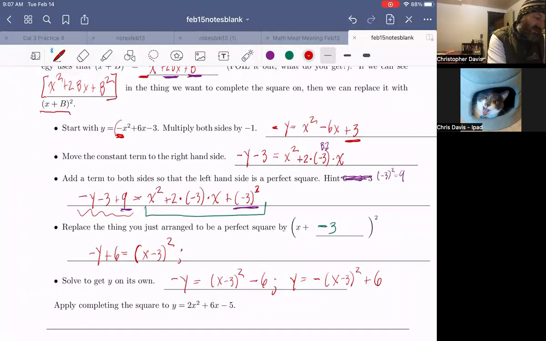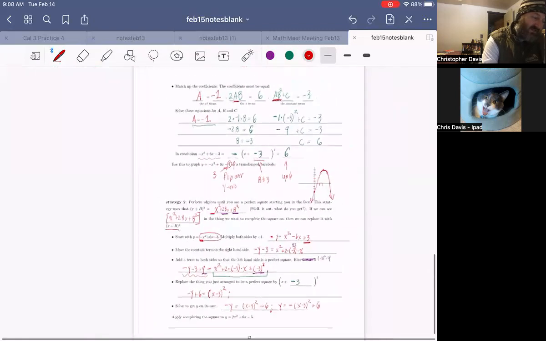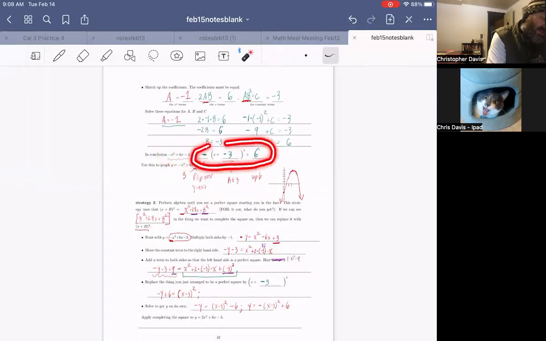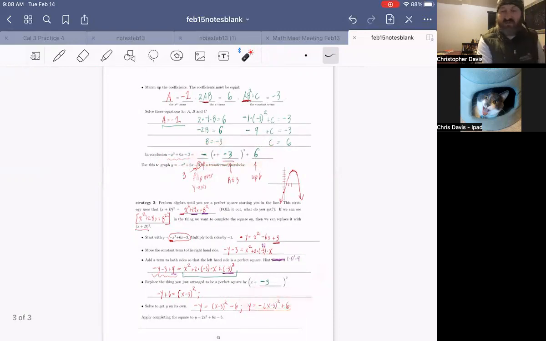We started with the exact same function as the previous example, I think. Scrolling out so that I can be sure of that. Yeah, negative x squared plus 6x minus 3 was this. And we did complete the square. We got negative (x minus 3) squared plus 6. Got the same thing down there. I believe that checks out.